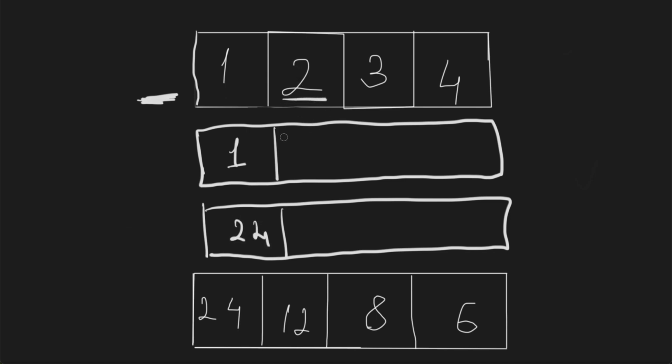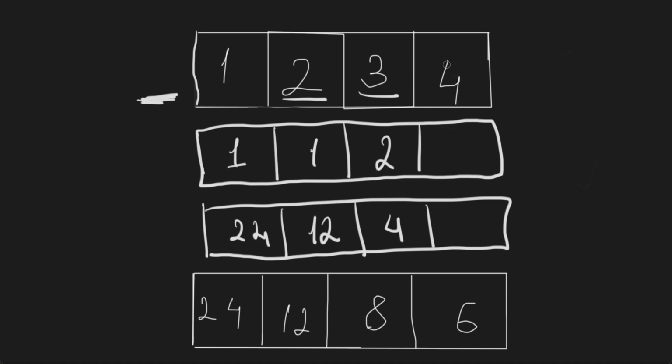For this number, the multiplier on the left is 1. The multiplier on the right is 12. For 3, the multiplier on the left is 2, and the multiplier on the right is 4.